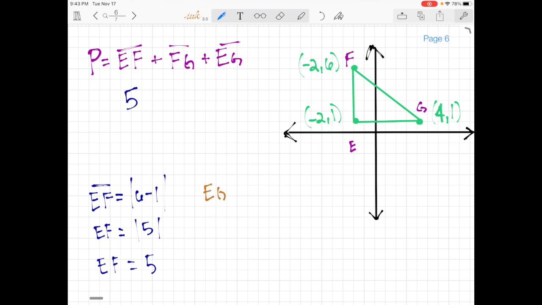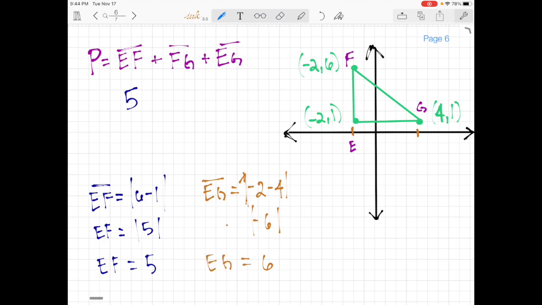Let's look at EG now. EG is a little easier. So EG just kind of runs along the x's. That's pretty easy to see. So I could subtract the x's, and I could say -2 minus 4. Take the absolute value of that. It's -6. And the absolute value of -6 is 6.